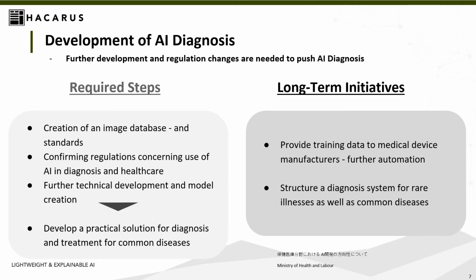Firstly, an image database needs to be created to supplement annotated data, and relevant standards to ensure universal compatibility also need to be finalised. Furthermore, medical regulations of today have to be modified to accommodate this technology upon its approval. Also, the technology itself is far from a finished article, and further development, including further model creation research, is essential.